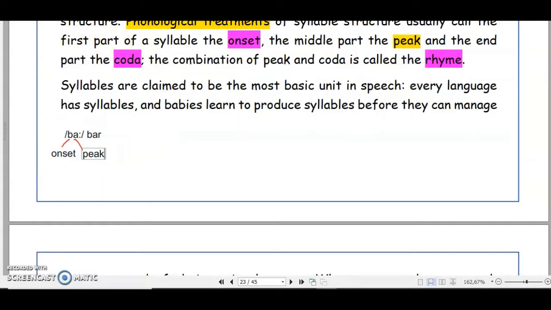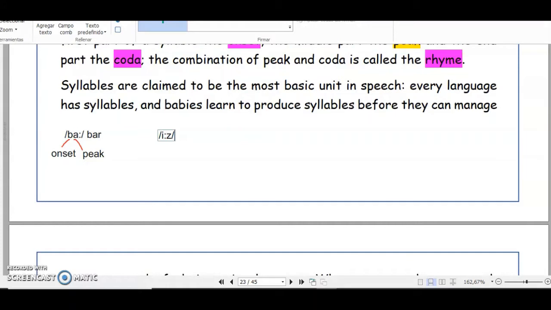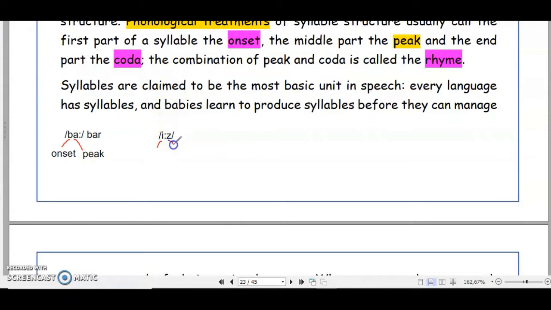In a word, for example, ease, in this case, you don't have an onset, you don't have a consonant before the vowel, but you have a coda, okay? So let's mark it like this. In this case, you have the peak, and here you have the coda.